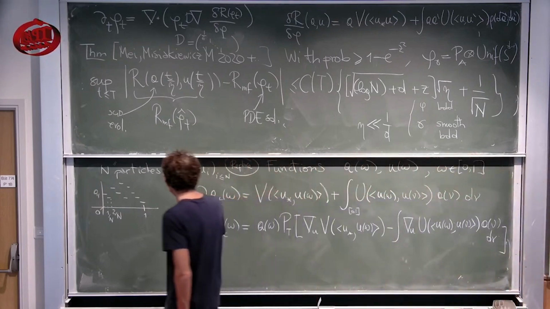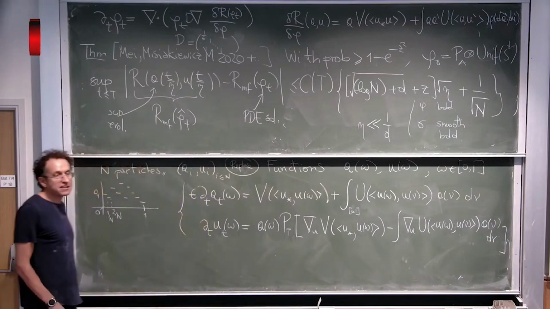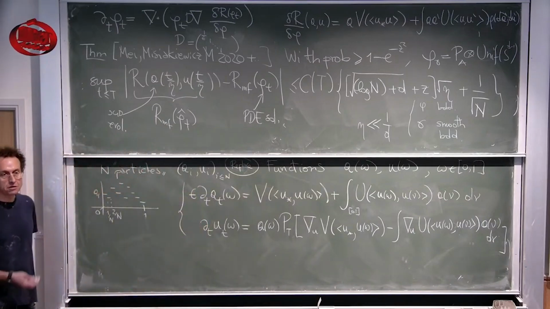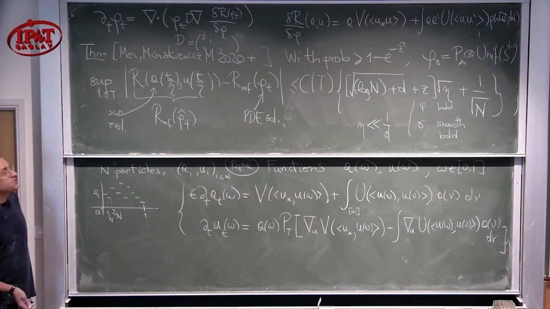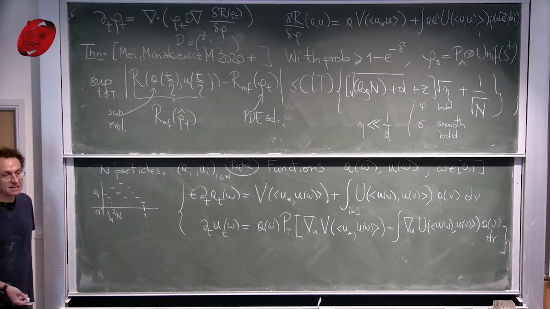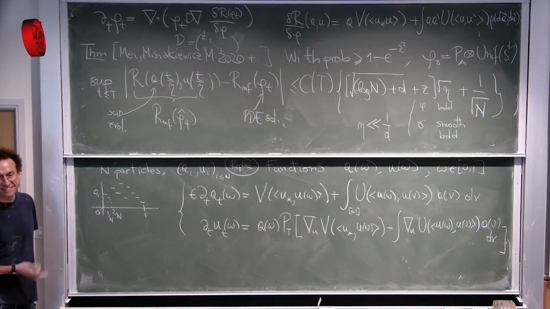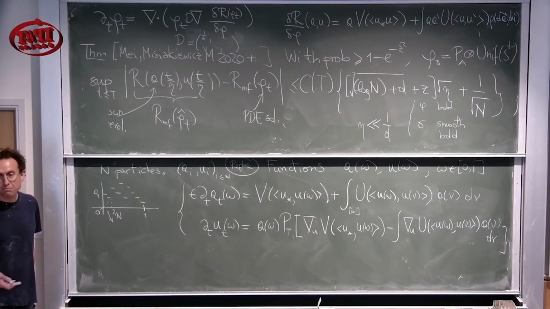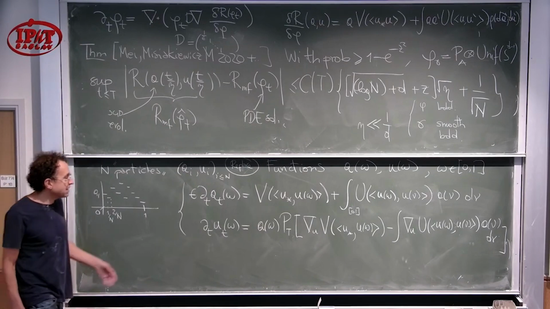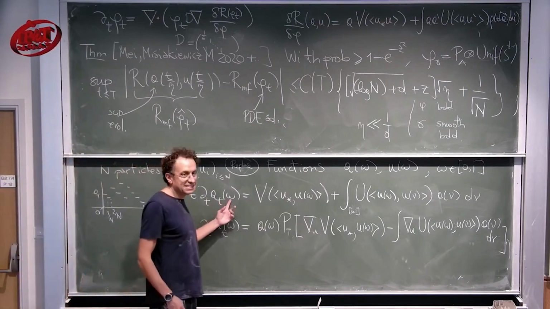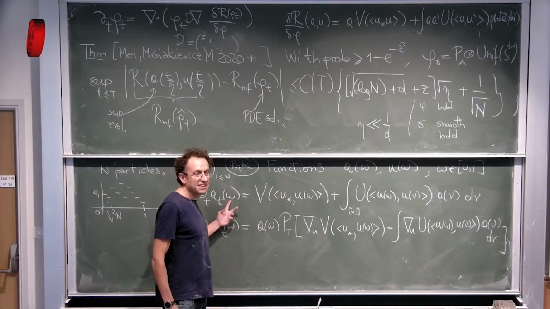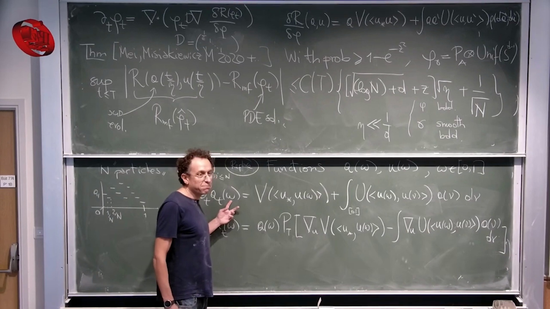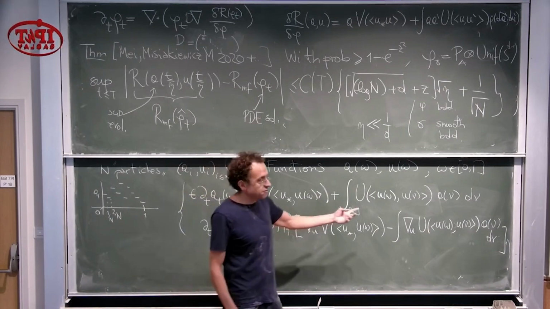Look at it. What I did here: I took the original SGD evolution, replaced the samples by their expectation, took the continuous time limit, and then replaced the index i by omega and the sum over j by an integral over omega'.